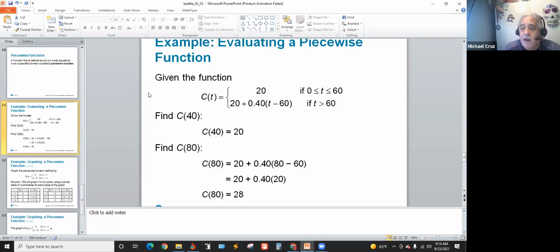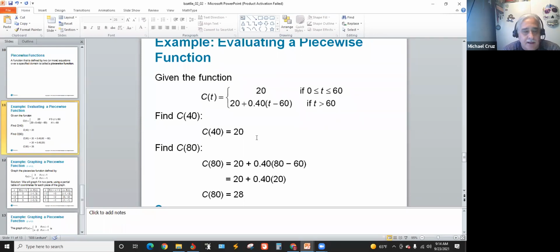So if you want to calculate what C of 40 is, then it's just equal to 20. And that would be true for any value between 0 and 60. It would just pump out a 20 automatically. No calculation to do. You're just going by what's given there.